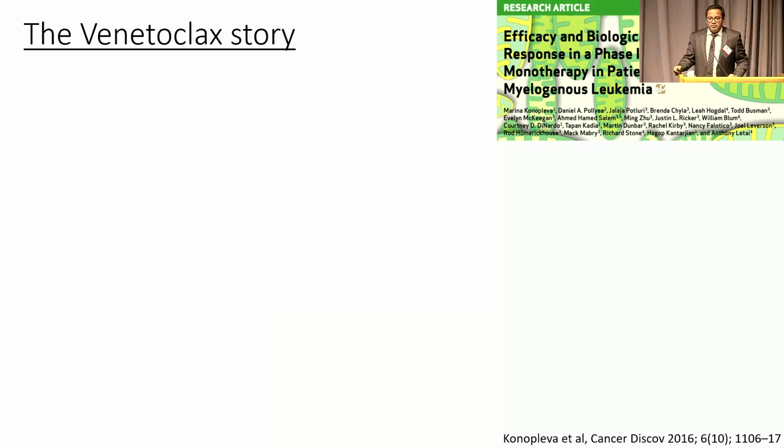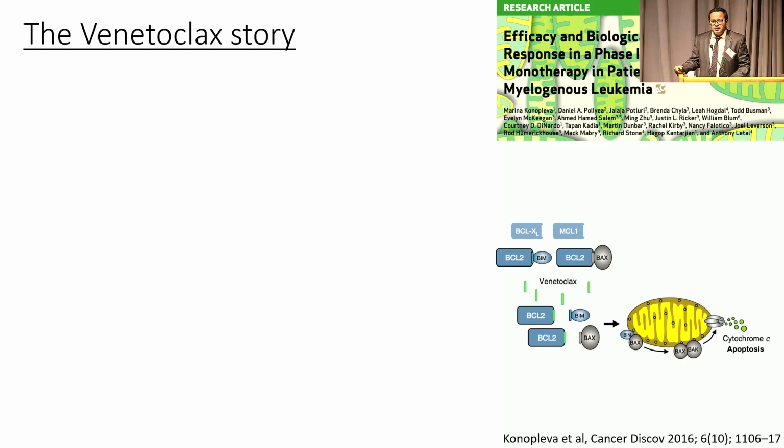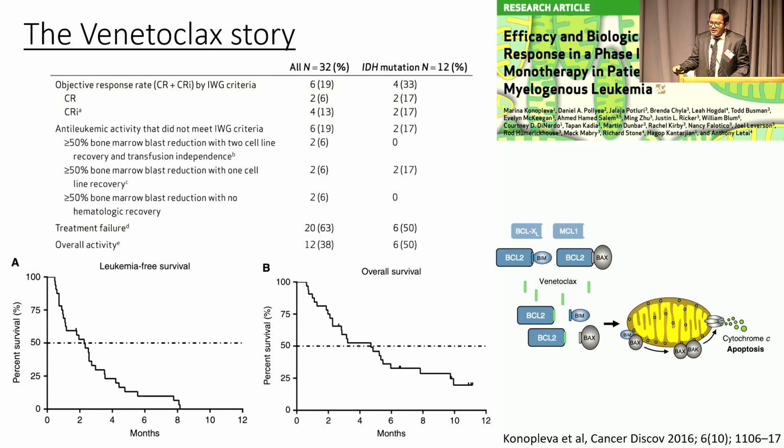Now, coming to the Venetoclax story, after having spoken a little bit of the background genetics. Venetoclax was essentially a failed single-agent trial led by Dr. Konopleva at MD Anderson when she was there, with very minimal responses when used as a single agent in patients with relapsed refractory AML.